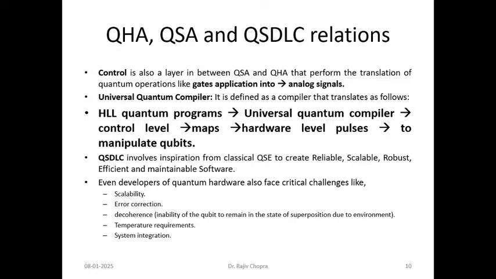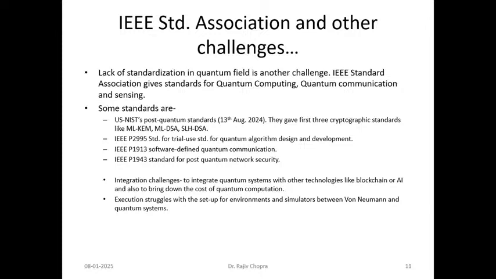IEEE standard, next slide. IEEE Standards Association and other challenges are also there. There is a lack of standardization in the quantum field. The IEEE Standards Association (ISA) gives some standards for quantum computing, quantum communication, and sensing. Some of these are the US NIST post-quantum standards given on 13th August 2024. They gave the first three cryptographic standards: ML-KEM, ML-DSA, SLH-DSA.